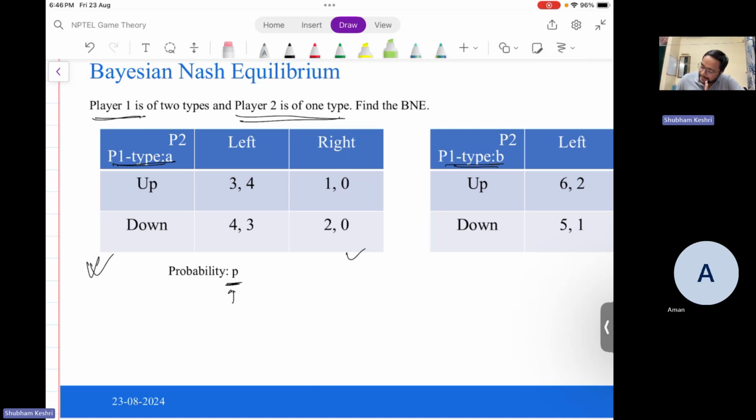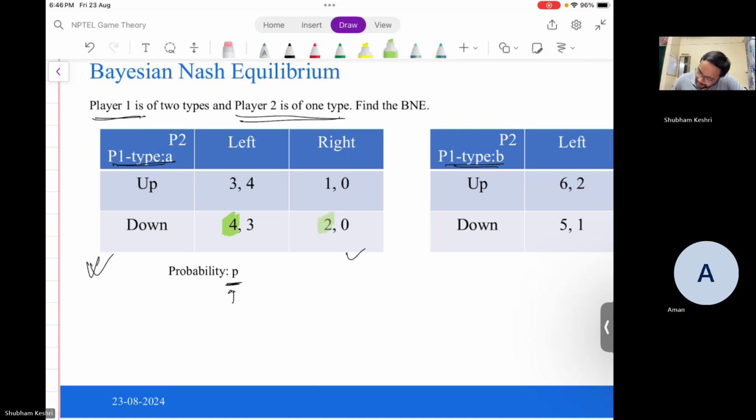So when player two is playing left, the best response of player one is to play down. Am I correct? You see, when player 2 is playing left, when player 1A plays up, he gets a utility of 3. When he plays down, he gets a utility of 4. Therefore, 4 is more than 3 and he will play down. His best response is to play down.